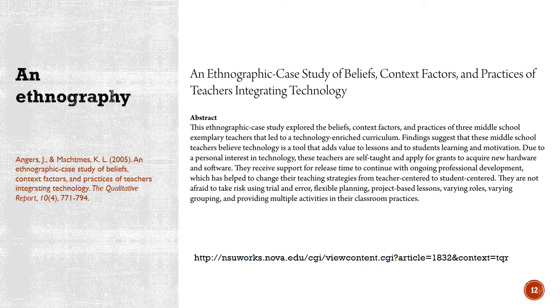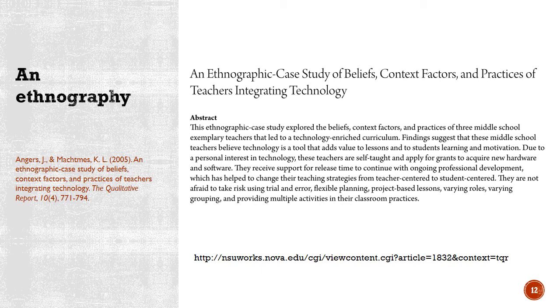And looking through the abstract, we can see right up front that they were interested in beliefs, in practices, and also contextual factors influencing how 3 middle school teachers were developing their technology-enriched curricula.